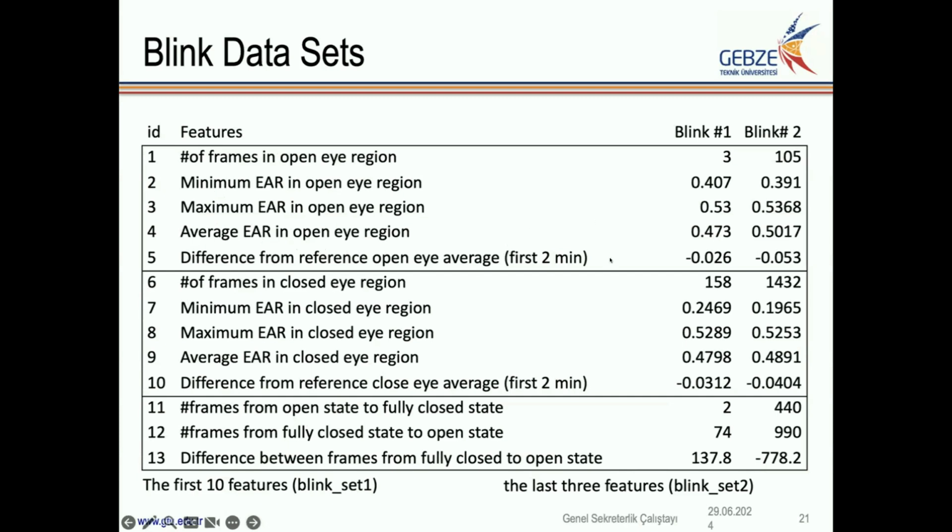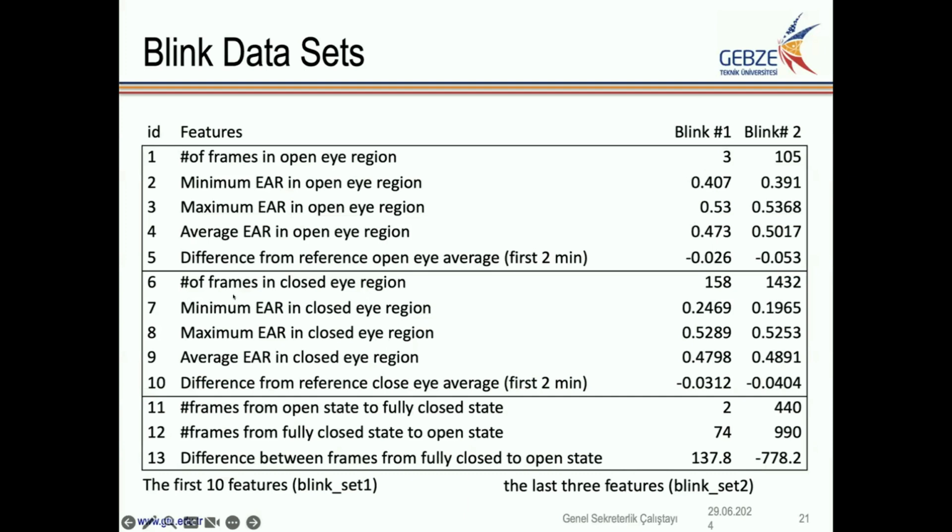We also know the number of frames in the open eye region within the first 2 minutes, and we get the difference from this one. We also get some measurements from two randomly selected blinks. Okay, and these are the measurements we get.